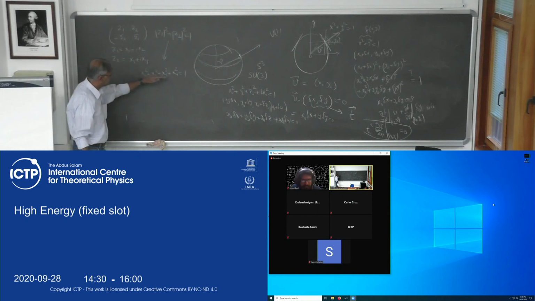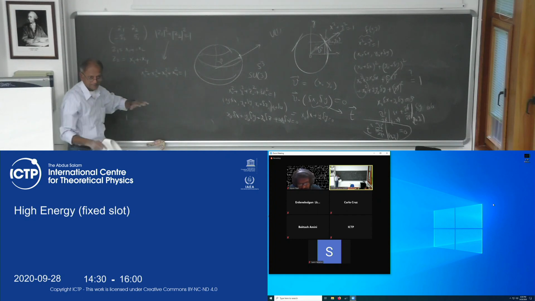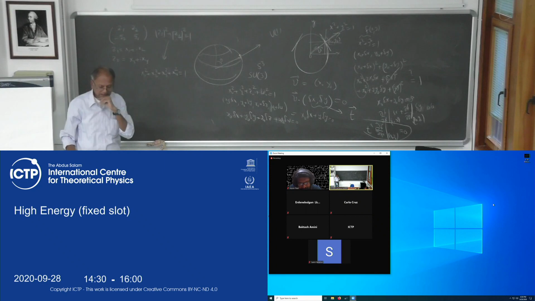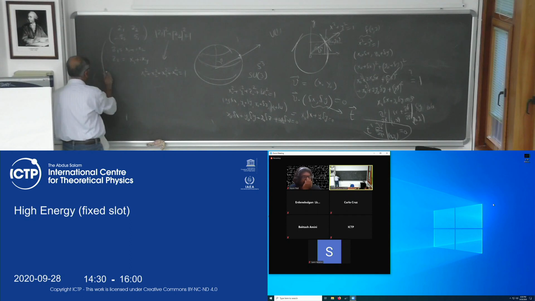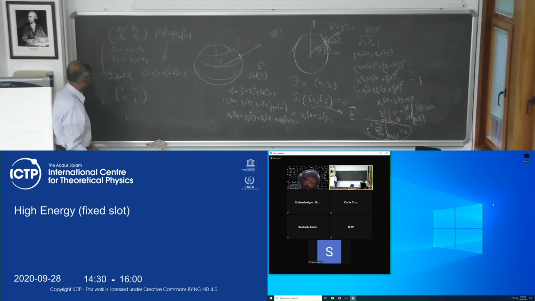Now, that means every such matrix is a point on S3. But when we talk about generators, we are talking about a special point, and that special point is the identity of the group. So what is the identity of the group? Identity is simply the unit matrix. So the question is, for what value?